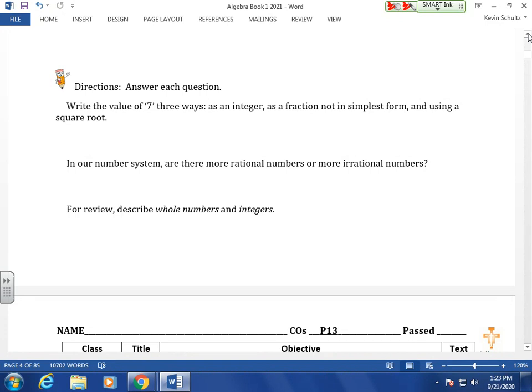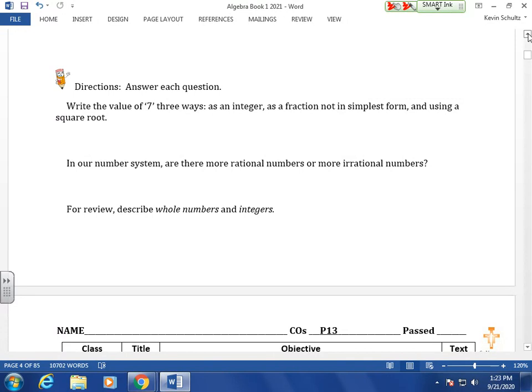So if I had asked you, for example, to write the value of 9 as a fraction not in simplest form, what would be a fraction not in simplest form with a value of 9? Sebastian. 2 and 1/4. 2 and 1/4 is not equivalent to 9.